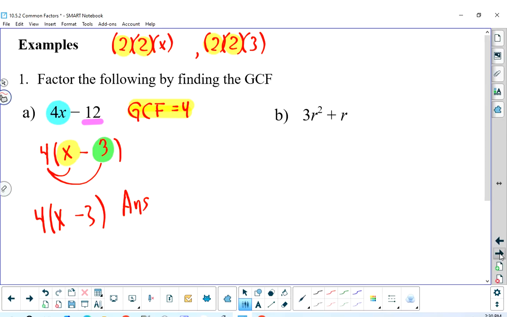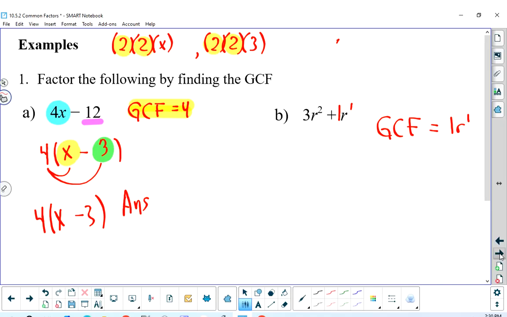What about this? Well, again, let me write out what the GCF is first. The GCF will contain the greatest common factor of 1 and 3, which is just 1. And it will contain the greatest common factor of r squared and r to the 1. But the shortcut is to say it's going to contain r to the smallest exponent, which should be r to the 1.